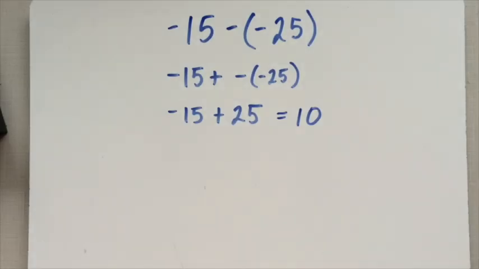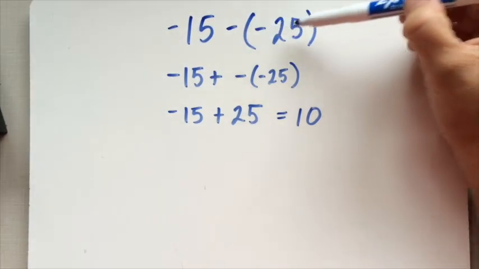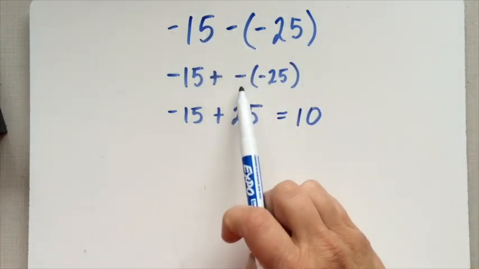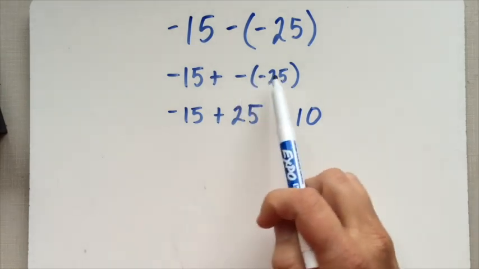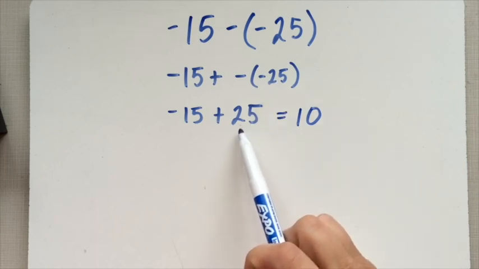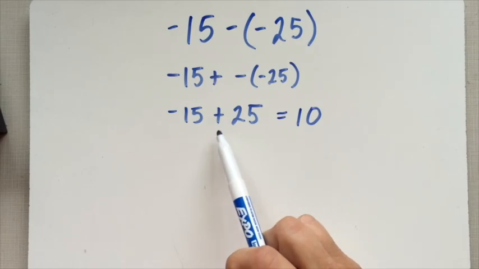All right, so we took this minus a negative 25 and we pushed the whole thing over, making this a negative 25. And we know that negative 25 is just the opposite of negative 25, which is positive 25, which gives us negative 15 plus 25.